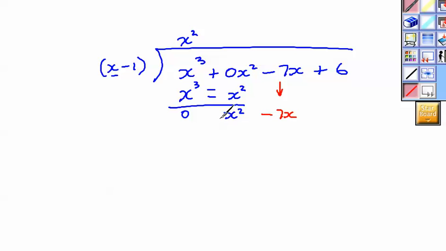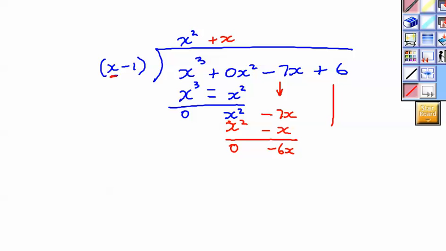What do I multiply by x to get x squared? The answer now is going to be x, so it's plus x. x times x is x squared. x times minus 1 is minus x. Again, I subtract. That would be 0. Minus 7 minus minus x is minus 6x.